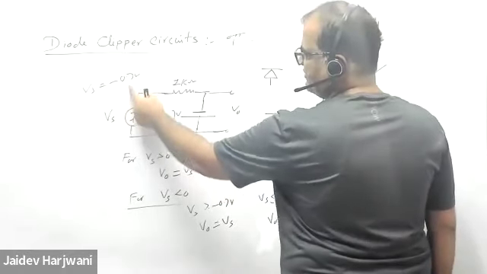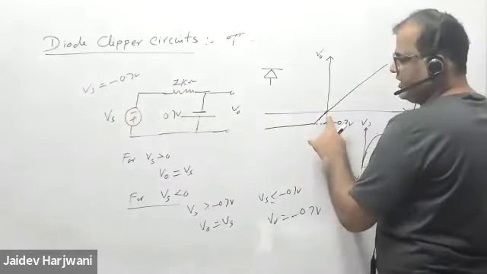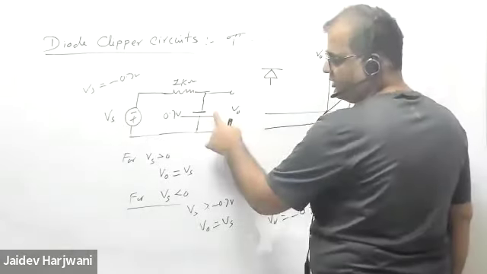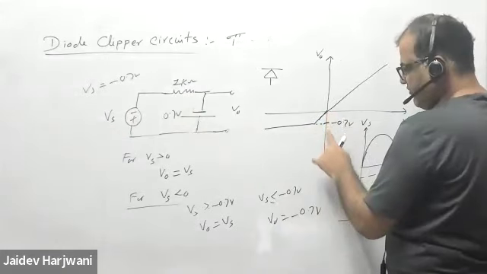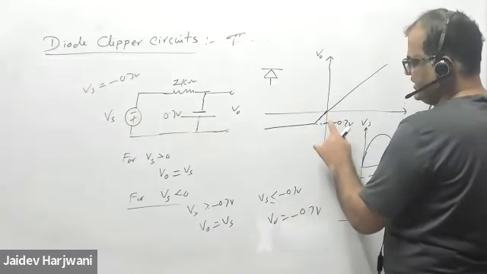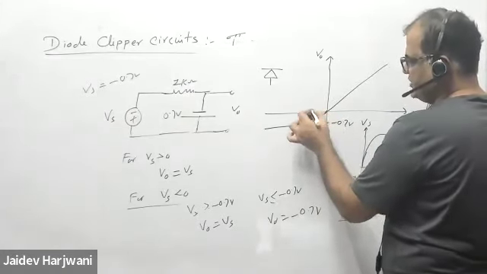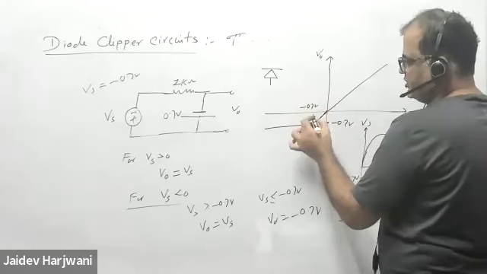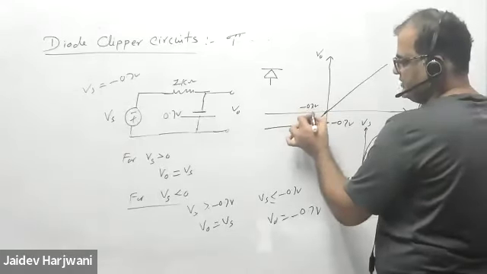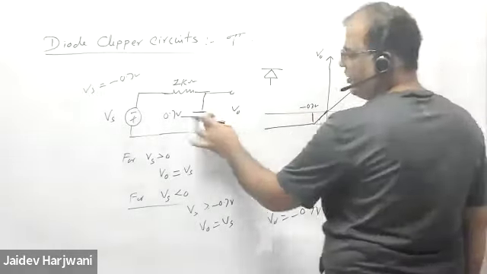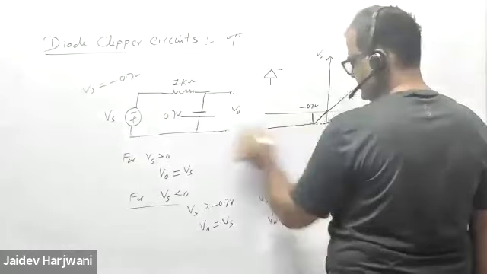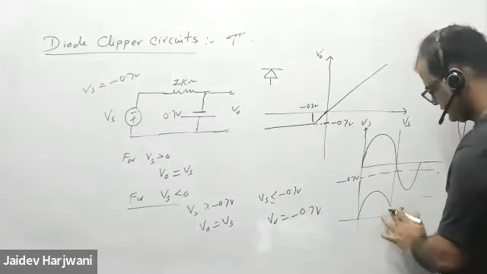If my Vs is greater than minus 0.7 volt, that means Vs is somewhere here, then this cannot be on. When my Vs goes below and less than this minus 0.7 value, then only it will be on. It will replace a battery. It's like this, a simple thing.